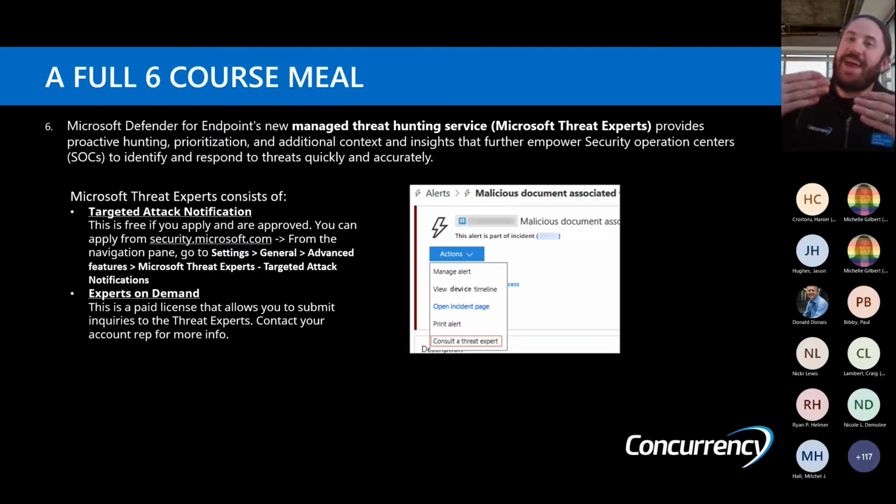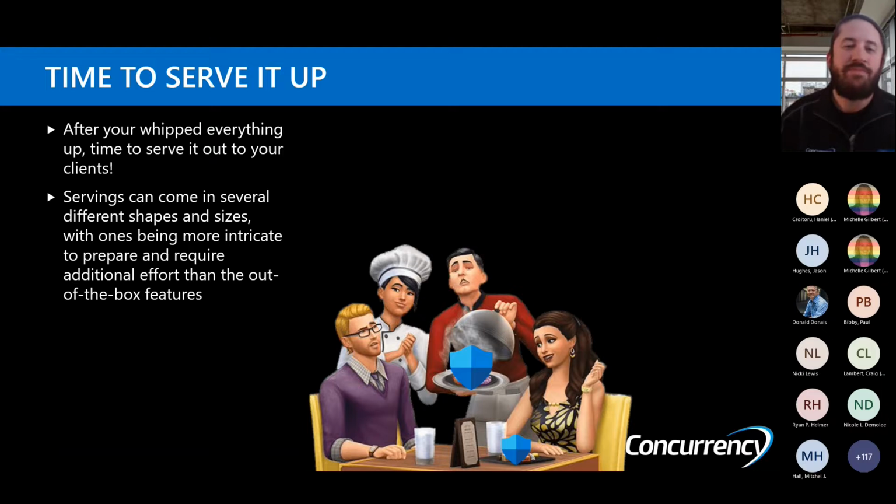So taking that AI that's built into the Defender suite really to that next level where you're able to interact with that Microsoft Cybersecurity Center and be able to get information and interact with those Microsoft experts is something that is available. However, it's something that you would have to talk to your Microsoft AE to be able to learn more about and to be able to turn that on.